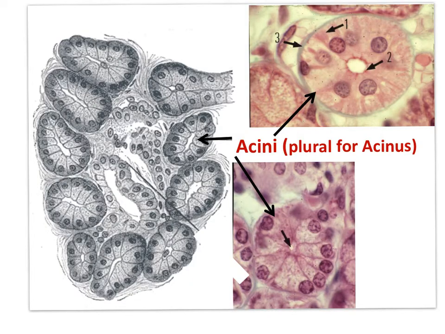Here is another slide displaying acini, which is plural for acinus. On the left, a drawing, you can see the clustering of pancreatic cells around the duct. Each cell can manufacture enzymes and move those enzymes into the duct by exocytosis. On the right, you can see micrographs displaying pancreatic cells clustered around a duct.